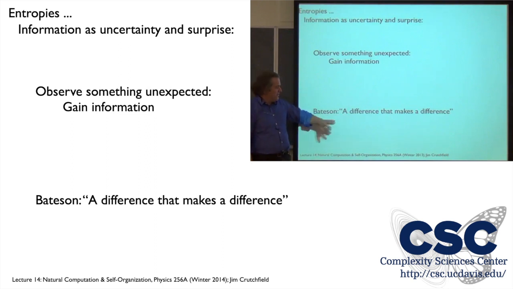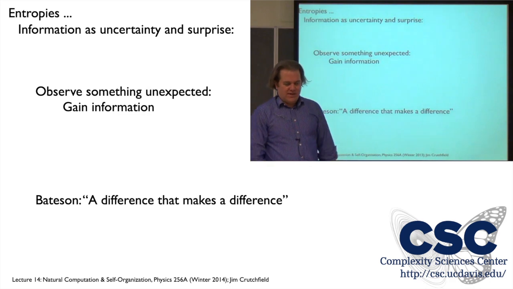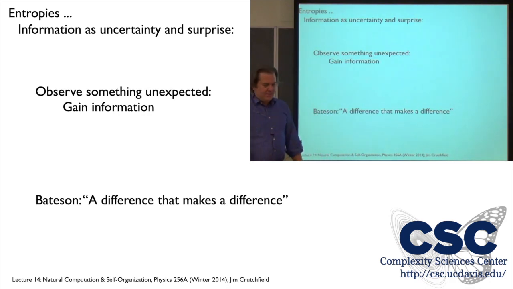So his definition, probably the most concise one, is a difference that makes a difference. So Shannon is sort of saying, well, differences. I'm surprised. There's a distinction. Bateson gives it a slightly more functional flavor. It's a difference that has some effect or some difference. So Shannon's only kind of half the story here. But we'll come back to Bateson's definition and give it a quantitative grounding.